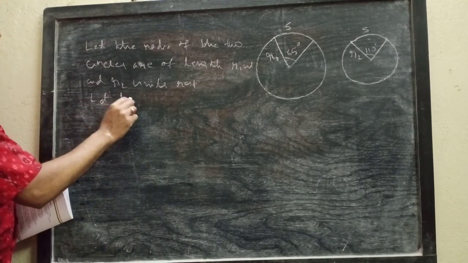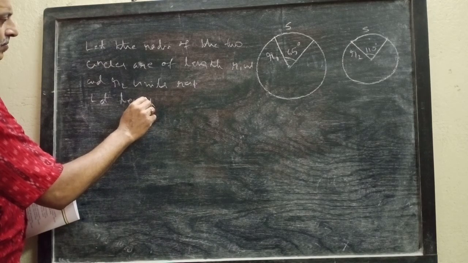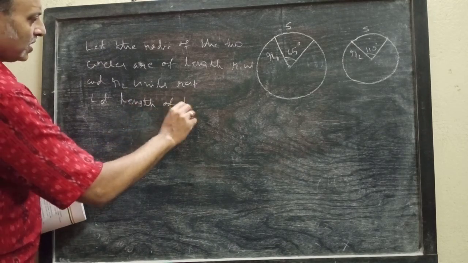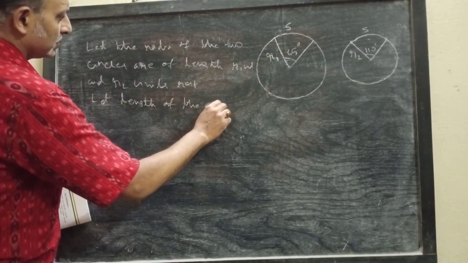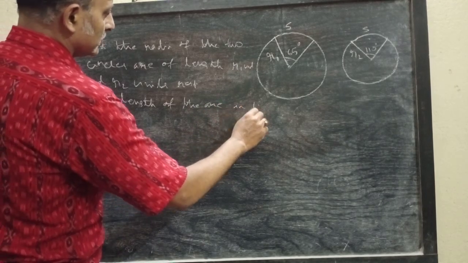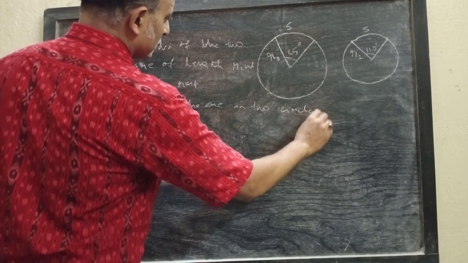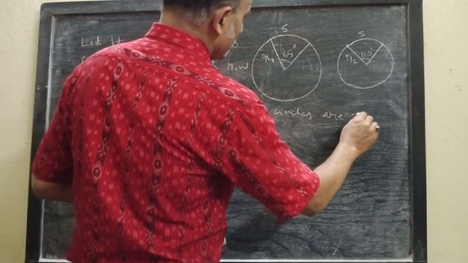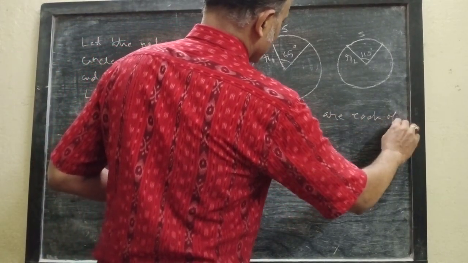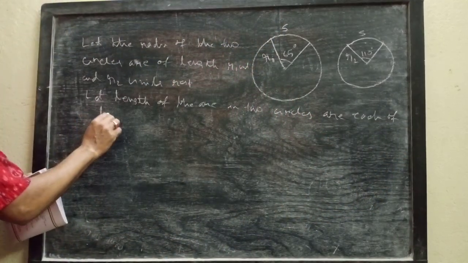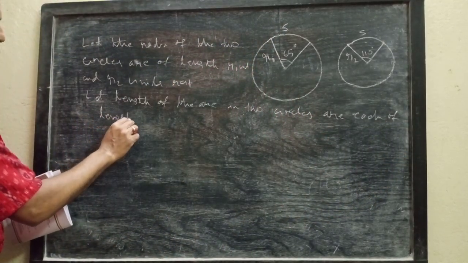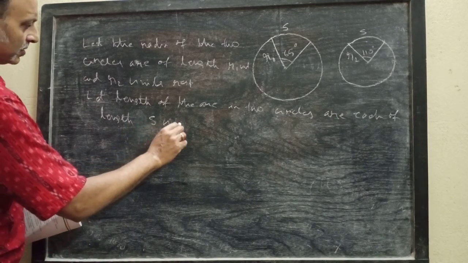Let the length of the arc in the two circles be each of length S units.